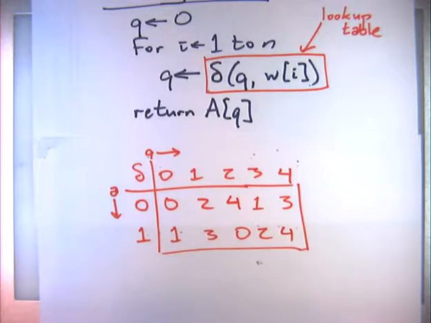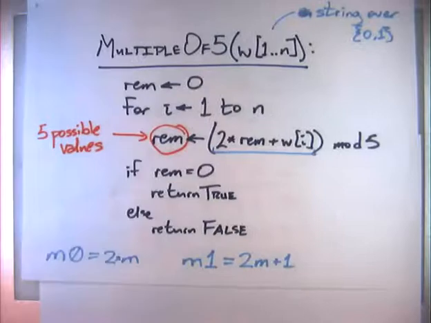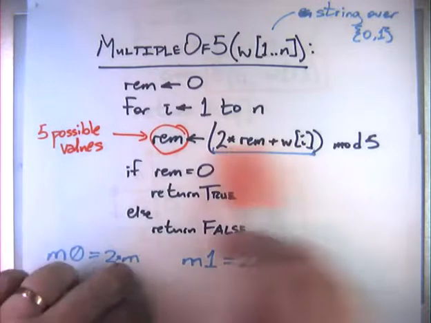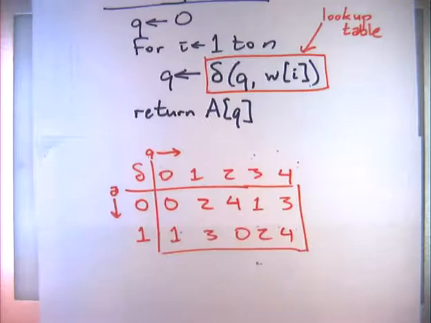for this particular algorithm. In this case, I've called the state variable rem instead of Q, and instead of using this funny delta notation, I actually explicitly wrote the function out. But I think somewhat more generally, instead of doing arithmetic at all, I could just hard-code this 2x5 array into the code and then do a lookup.